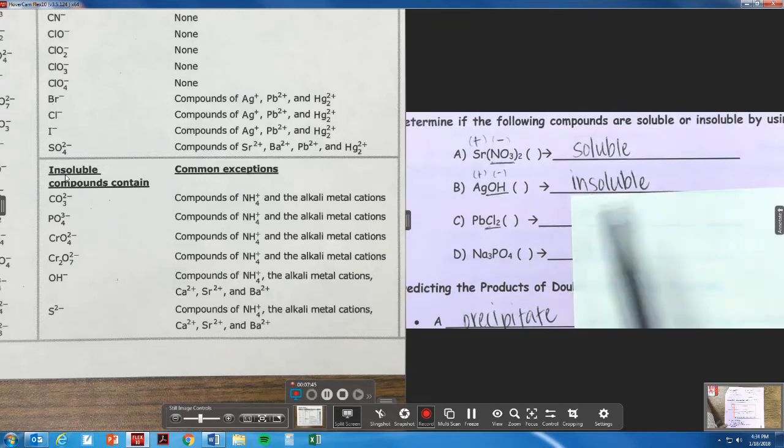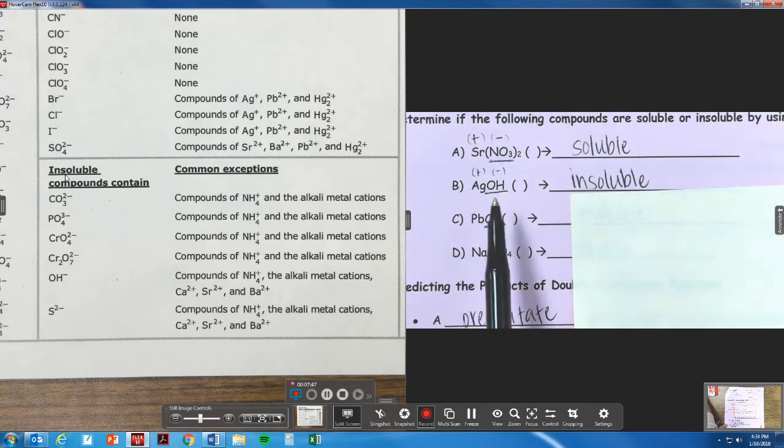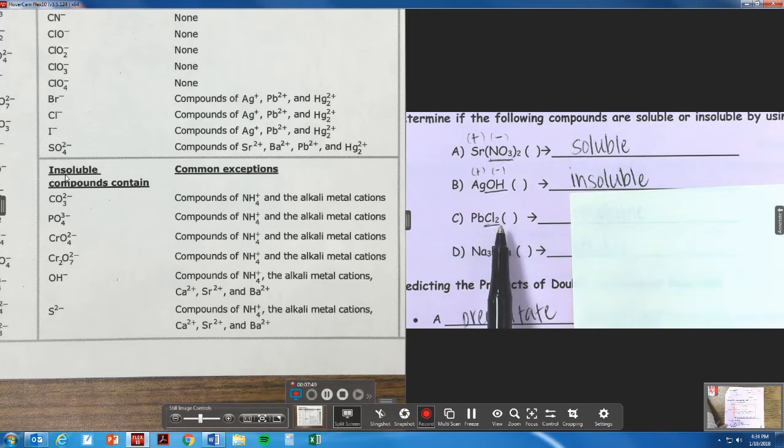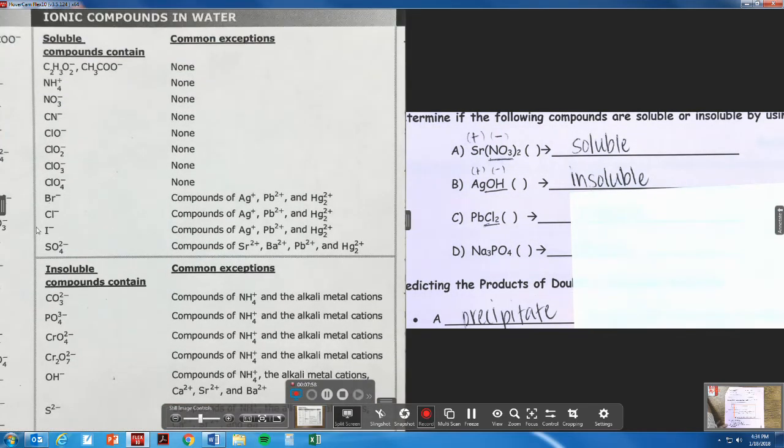Okay, let's take a look at the next one. We have lead and chloride, or chlorine. So lead chloride. Let's take a look at chlorine. Chlorine is right here on our solubility chart. Is chlorine attached to one of these three: silver, lead, and mercury?